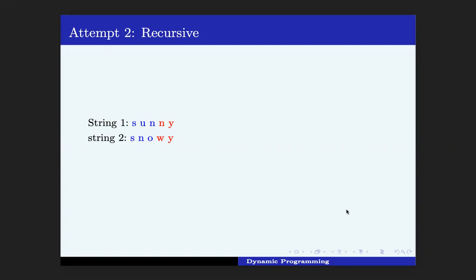So actually here there are 3 possibilities that you can do, right? So we can choose the minimum. The minimum of what? Minimum of the 3 operations. What are the 3 operations? Change N to W, delete N and basically convert SUN to SNOW, or add W and then try to convert SUNN to SNOW.